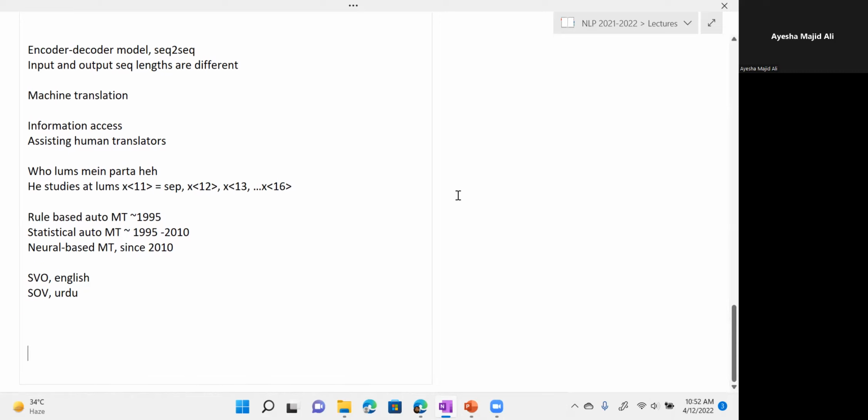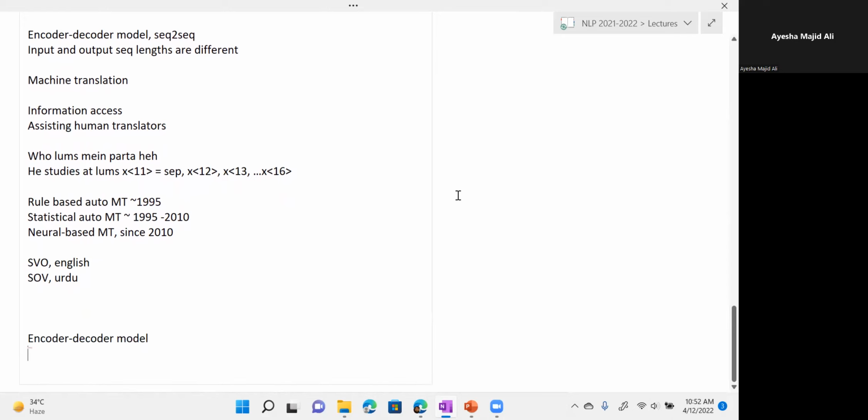Now let's go back to our encoder-decoder model. Let's start with the simplest scenario. Let's say our encoder is an RNN. It's a sequence model, right?